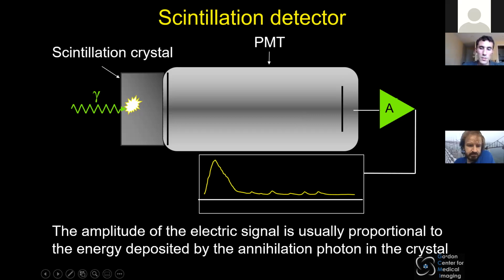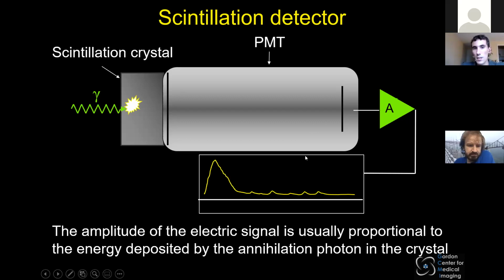So energy information is actually very important in PET because, as you may recall from the introduction slides, there's going to be a lot of Compton scattering going on inside the patient. Those photons, as we've seen, are going to lose some of their energy. And basically a first, rough correction for scatter that the PET scanner is going to do is to threshold the energy so that you reject all the photons that have an energy below 450 keV, for instance.